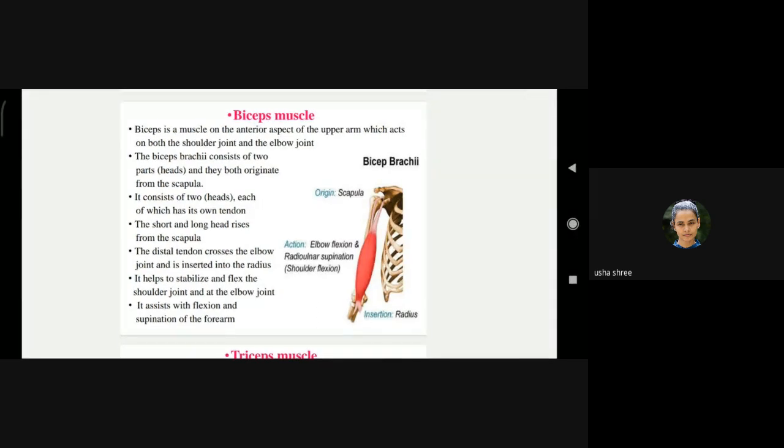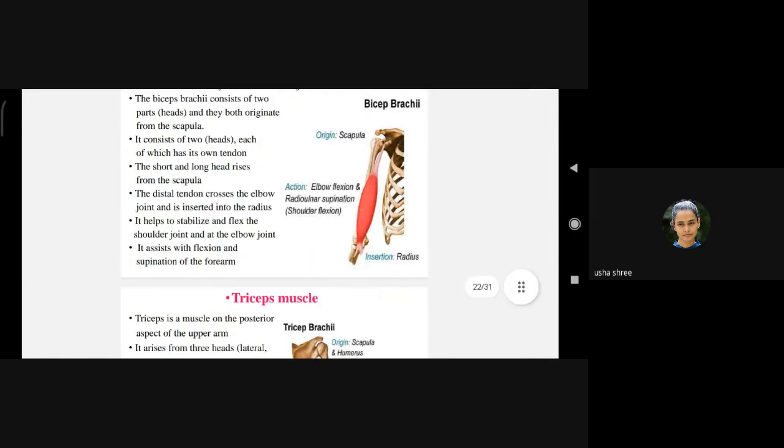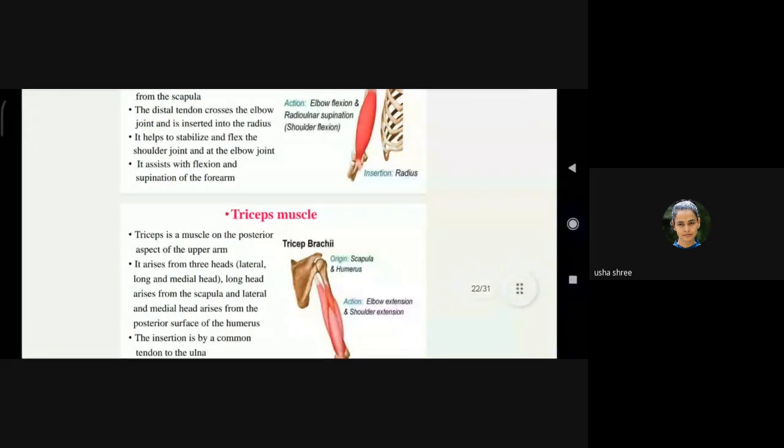Just as bodybuilders show their bicep, they flex their hand and make a fist with their fingers so the bicep muscle can be shown more clearly. Its function is to flex our shoulder joint.